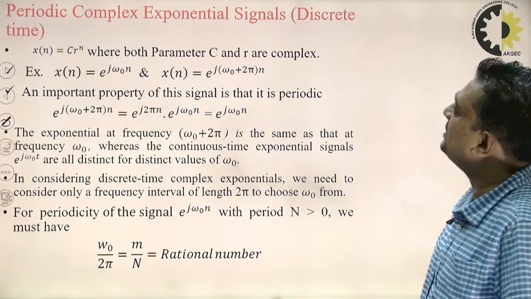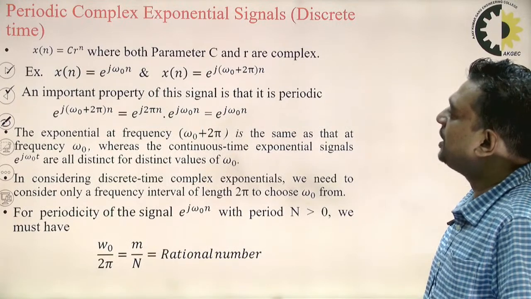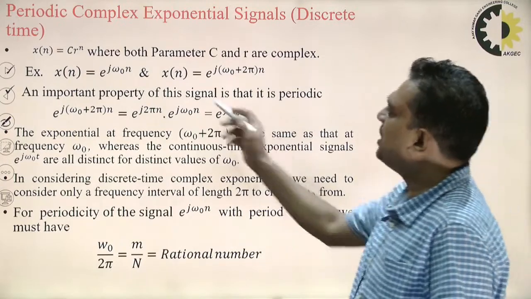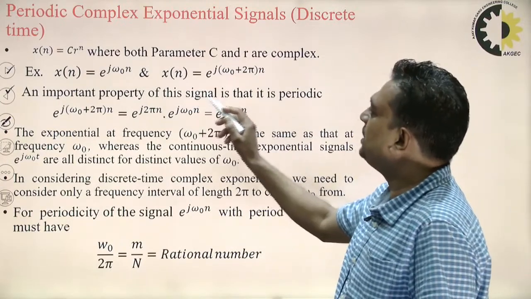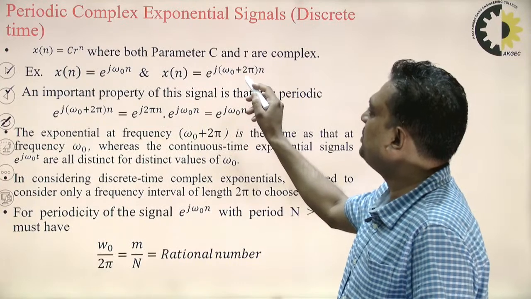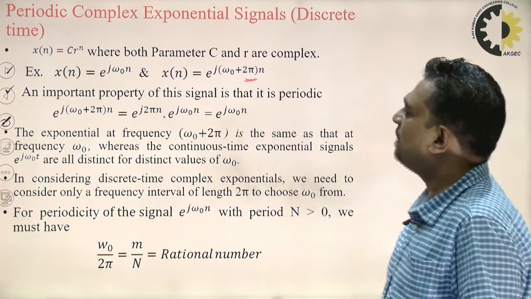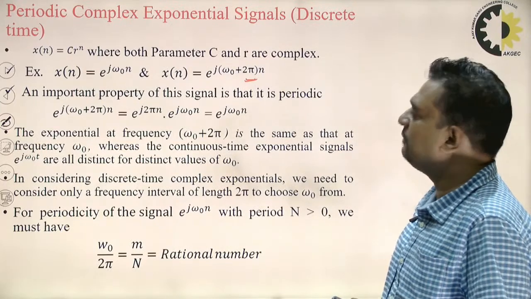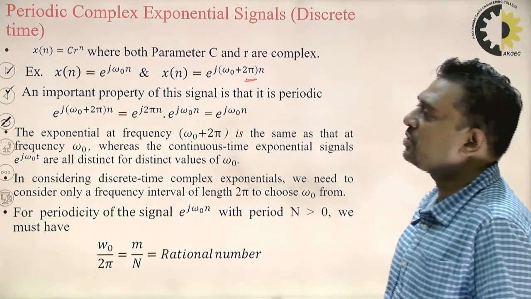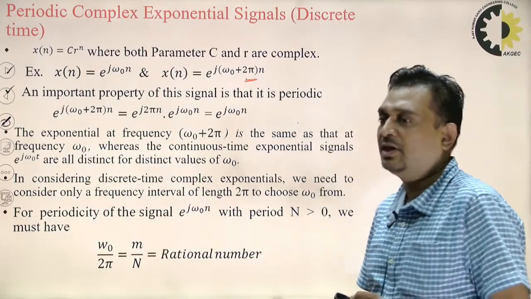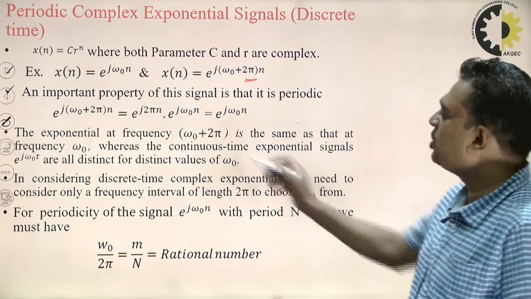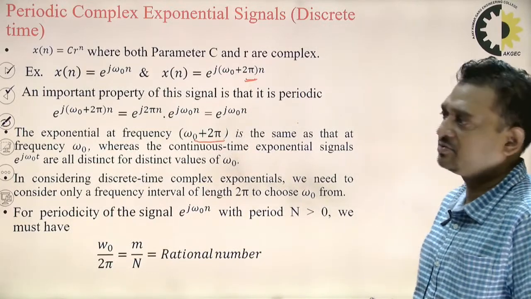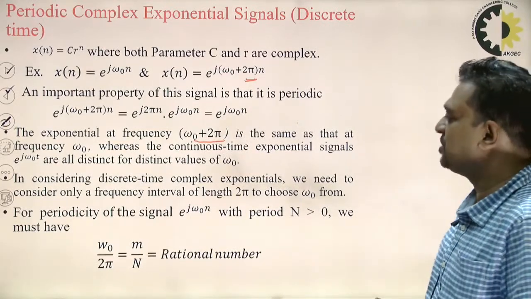Then the periodic complex exponential signal in discrete time. Again, one important difference we can see here is that it is periodic, but with period 2 pi. So we have the same signals at a period of 2 pi, whereas in the case of continuous time signals, at omega naught plus 2 pi we get distinct signals, but here we will get the same signal.